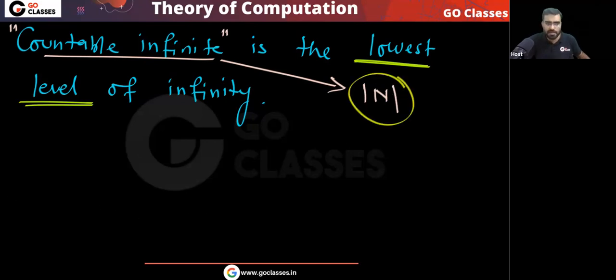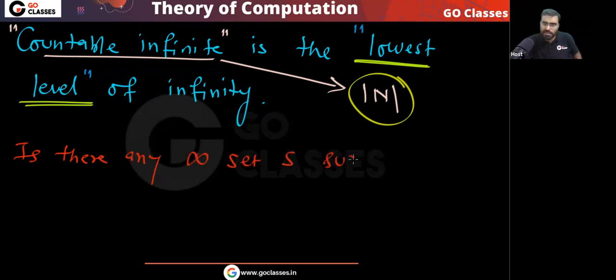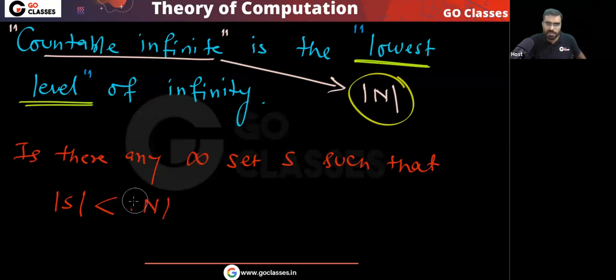Now, if this is the lowest level of infinity, is there any infinite set such that the cardinality of S is strictly less than the cardinality of N? Is there any such set?